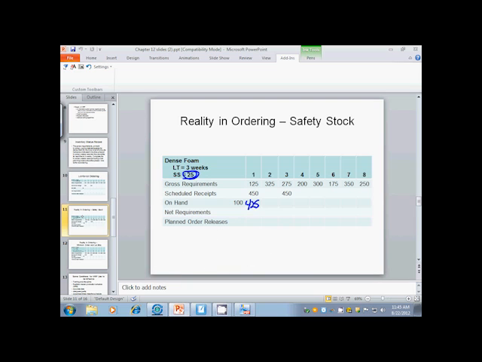Moving along to week 2. At the end of week 1, we had 425 units on hand. We had a scheduled receipt of 0 for week 2. So our total is 425 units that we have available to use during week 2.